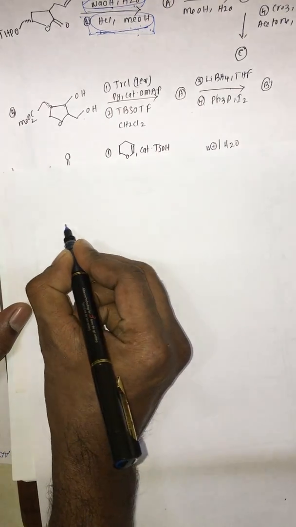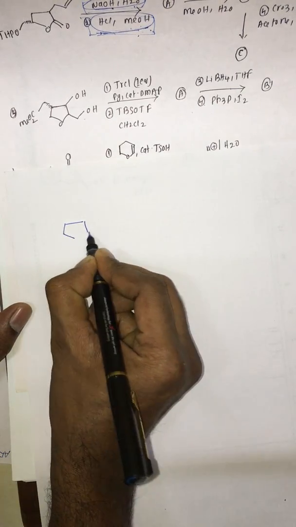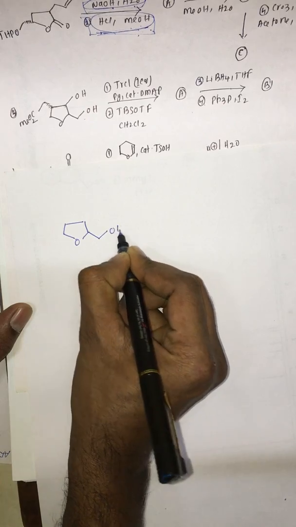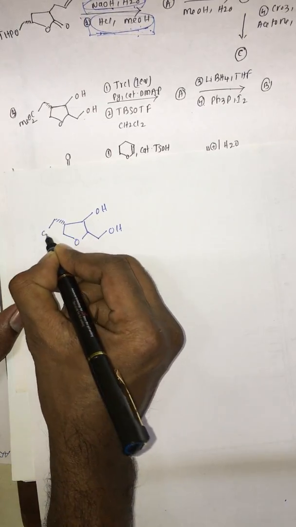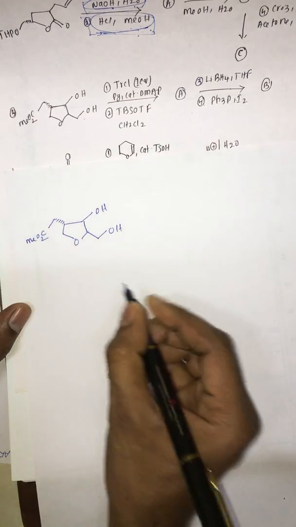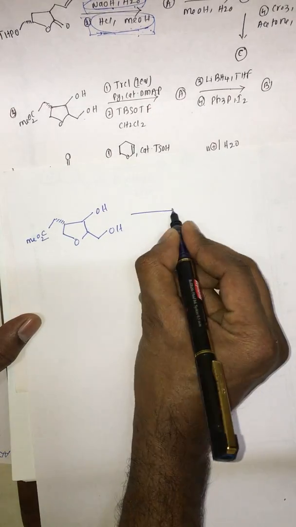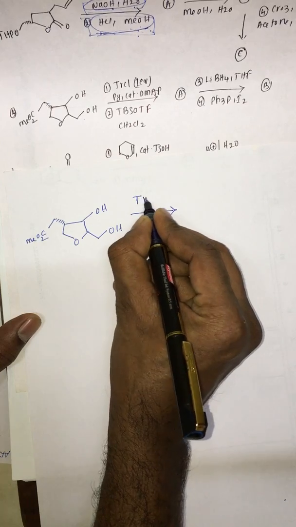And then this is the third reaction. Here we have OH, CO2Me. Okay, so here we have a first step, we have TrCl.